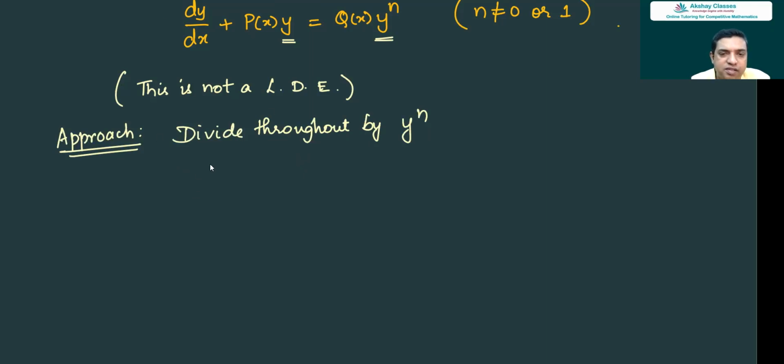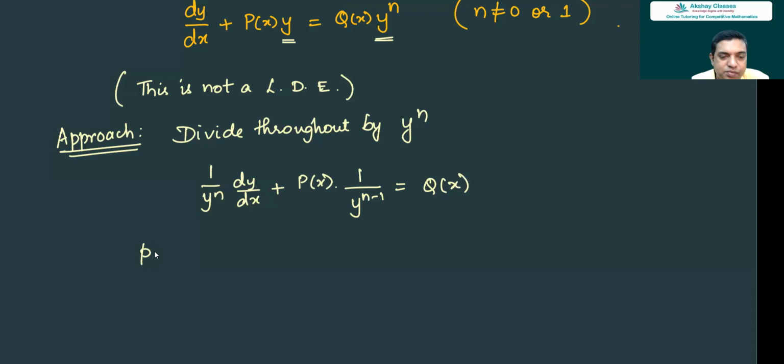If we do this, what do we get? 1 upon y power n dy by dx plus p of x times 1 upon y power n minus 1 is equal to q of x.